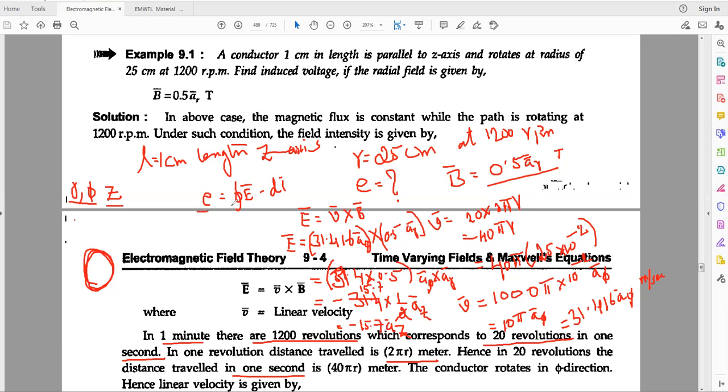E is equal to the integral of the electric field dot dl bar, where the electric field is minus 15.7 a_z bar. dl bar is parallel to the z-axis of the conductor, 1 centimeter, so along the z-axis dl bar is equal to dz into a_z bar. You can write this as a function of dz into a_z bar.